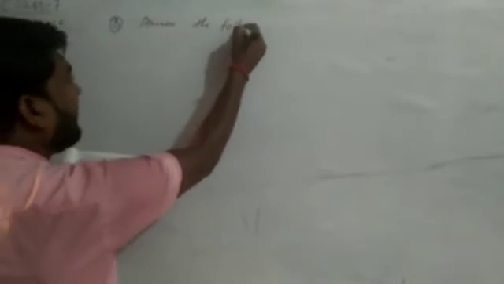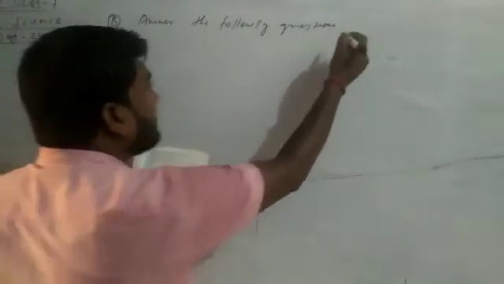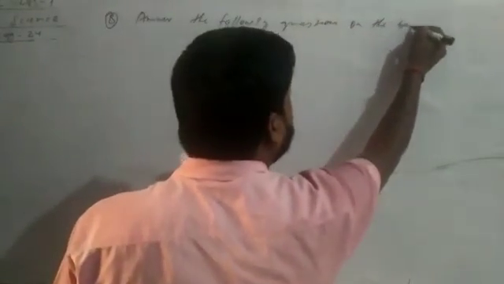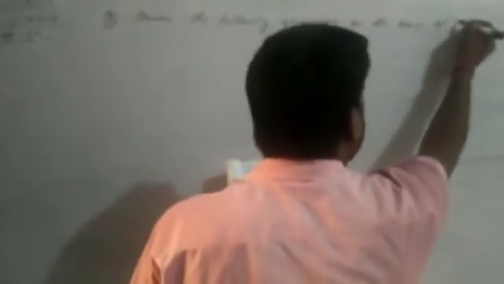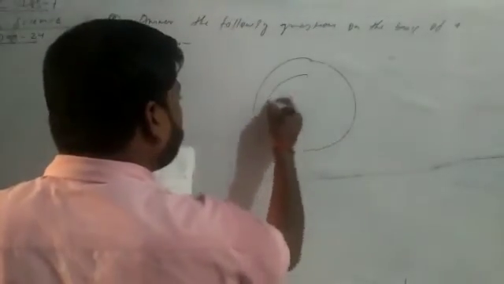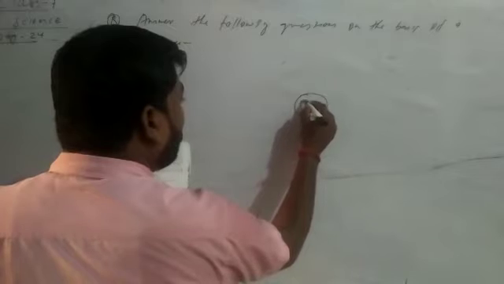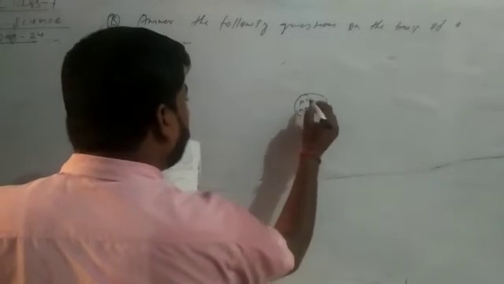Suppose eighth number is here. Answer the following questions on the basis of a diagram. Okay, one diagram is here. Dear student, first you have to make a nucleus. Nucleus here, proton and neutron are here.